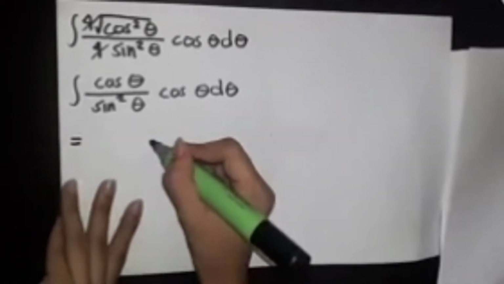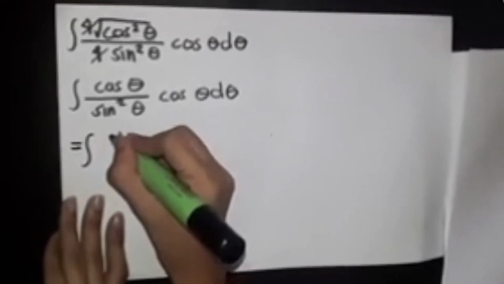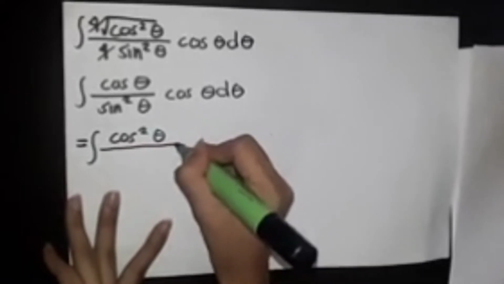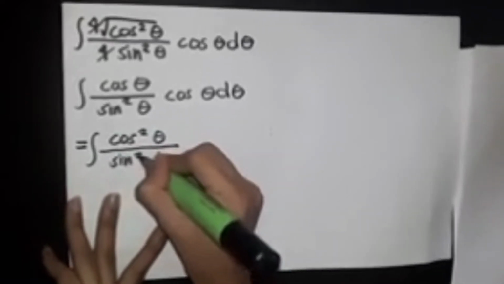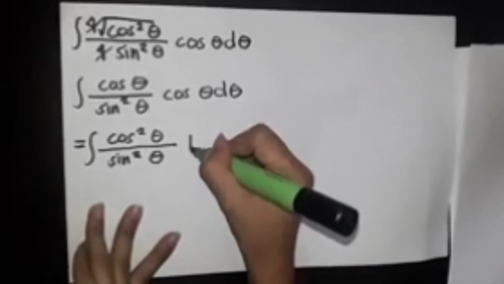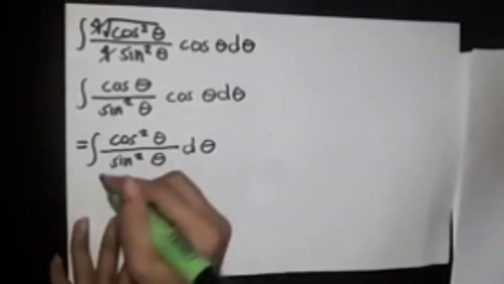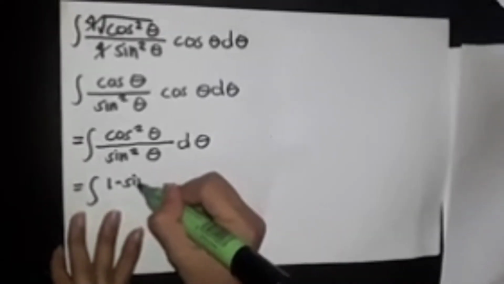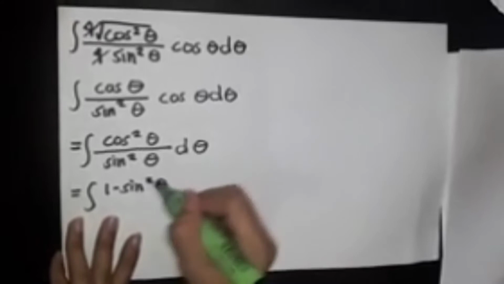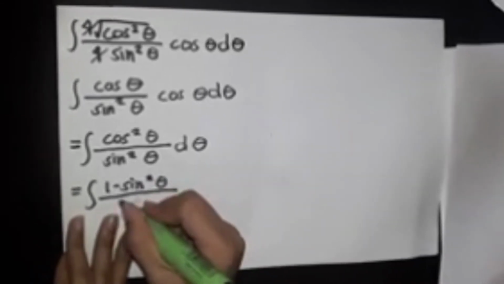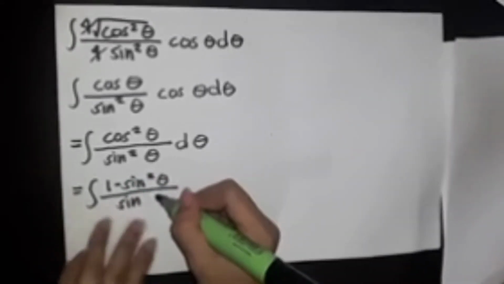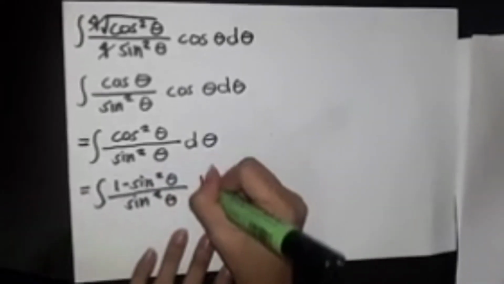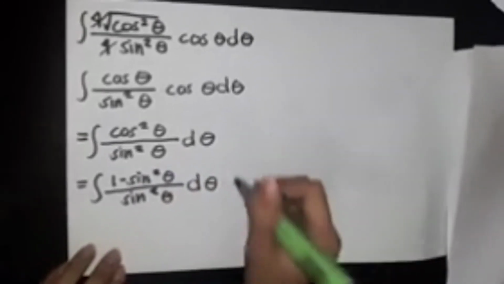So this is equal to cos times cos, which is cos squared theta over sine squared theta, and our dx is now d theta. So we can replace cos squared with 1 minus sine squared theta because sine squared plus cos squared is exactly equal to 1. So this is over sine squared theta, and our dx is d theta.